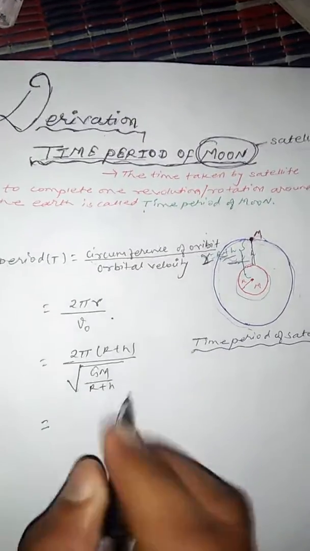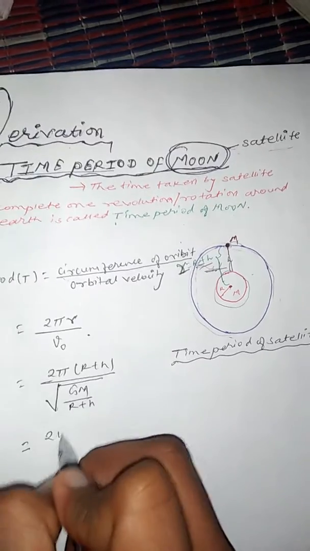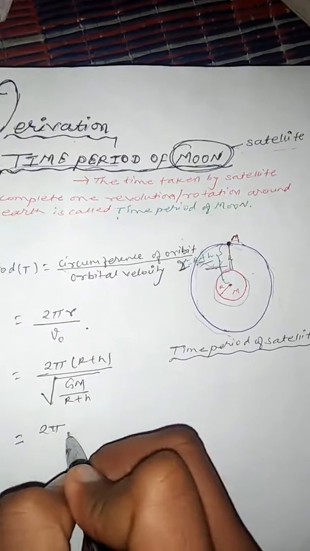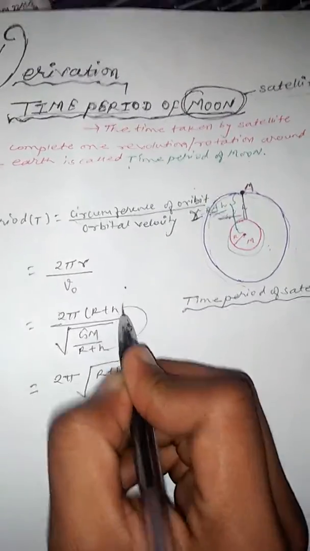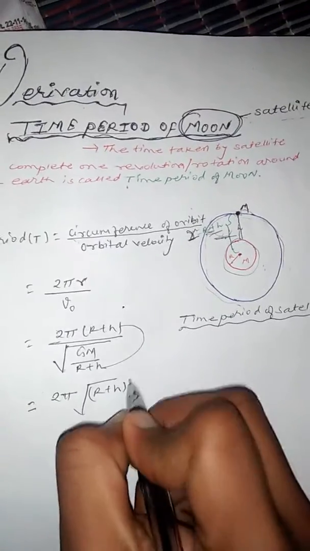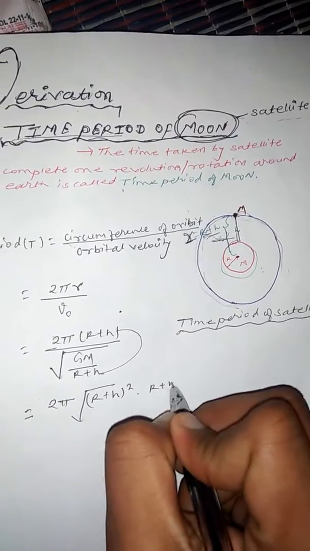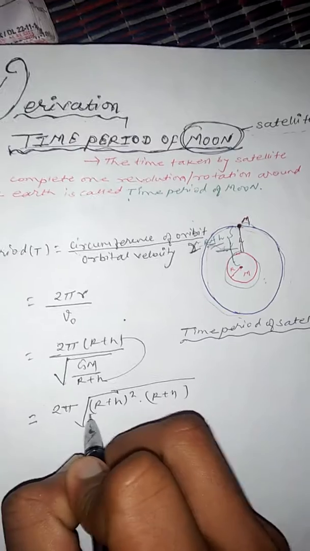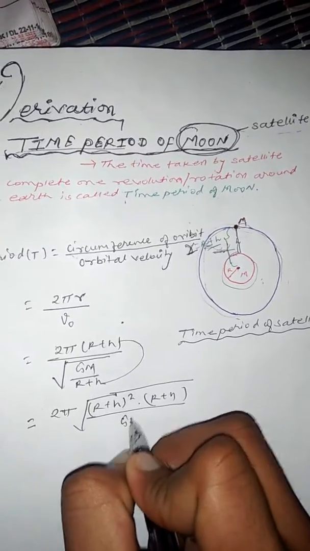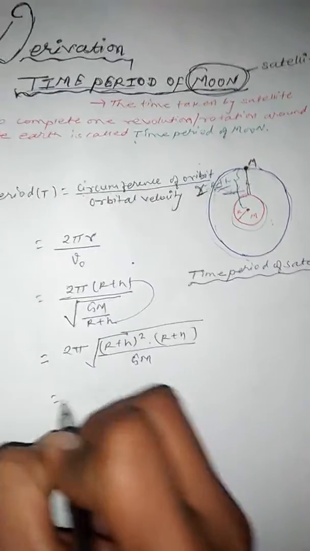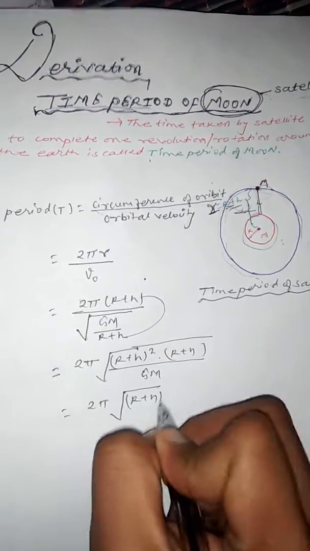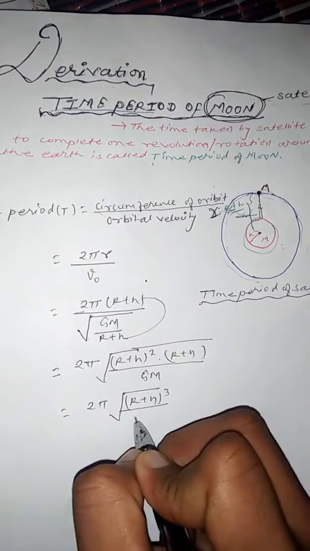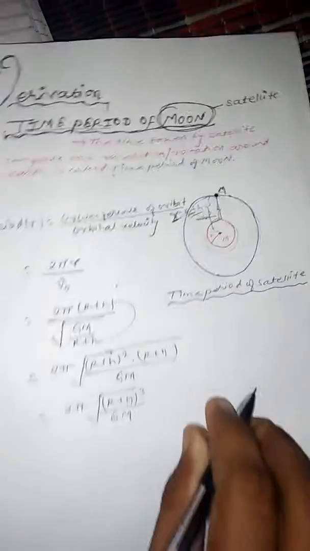This can be written as 2 pi root of (r plus h) whole cube divided by gm.